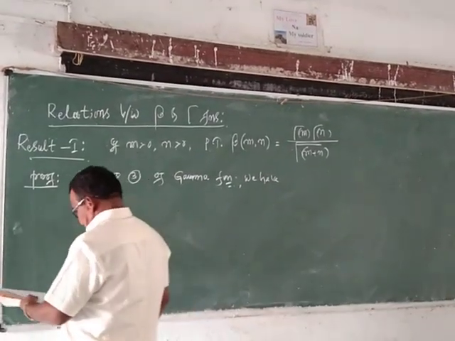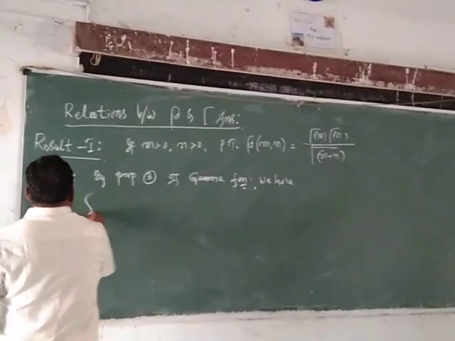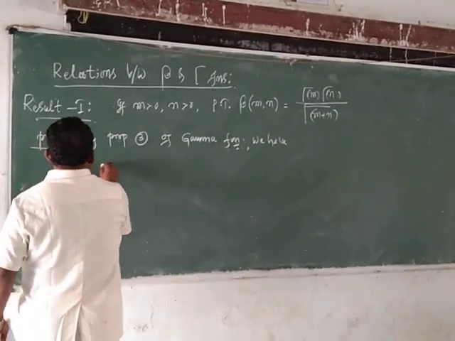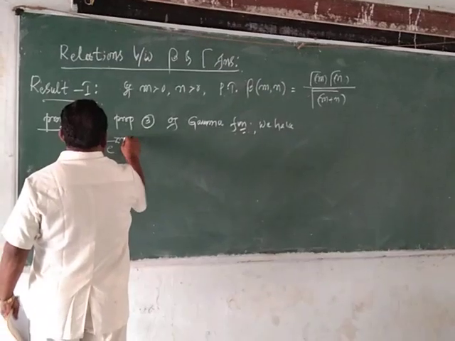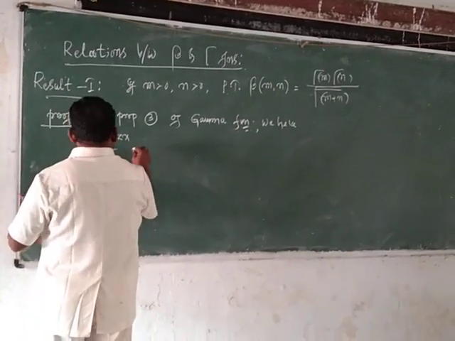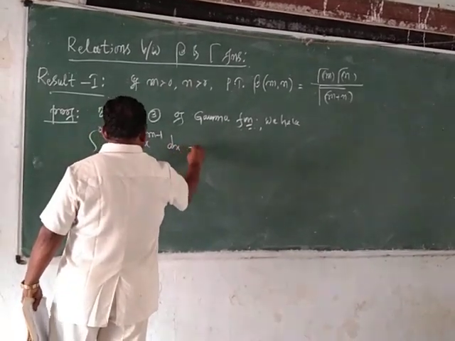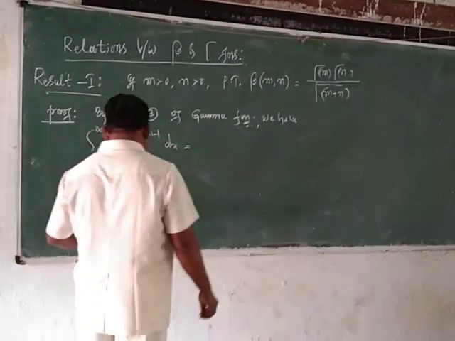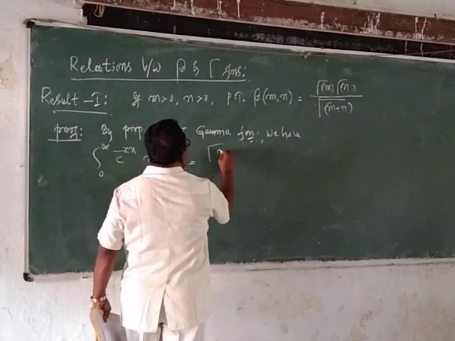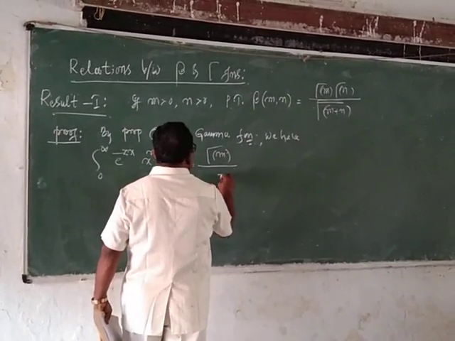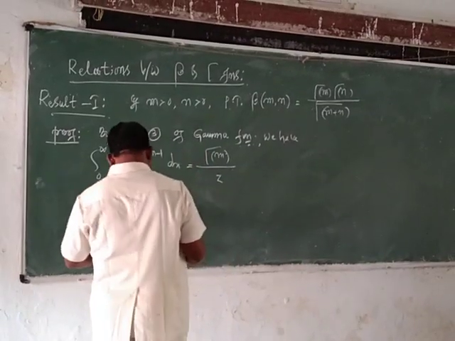What is it? The integral from 0 to infinity of e to the power minus zx into x to the power m minus 1 into dx is equal to gamma m divided by z to the power m.